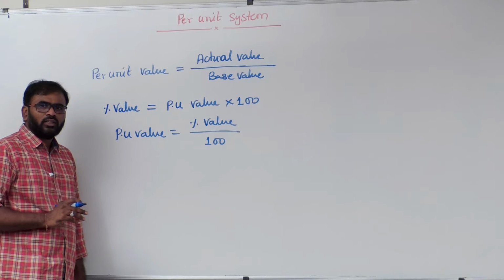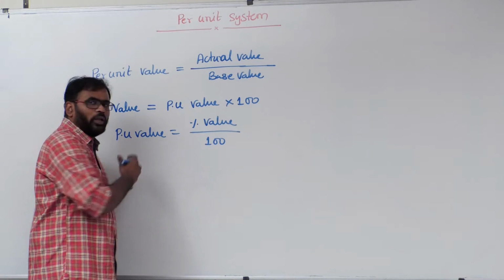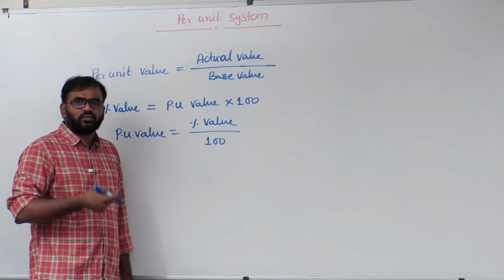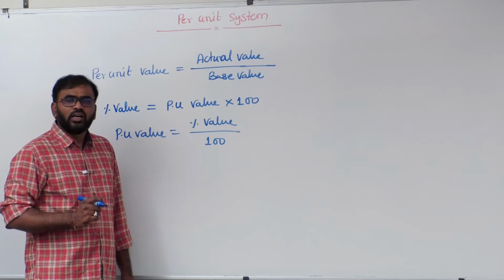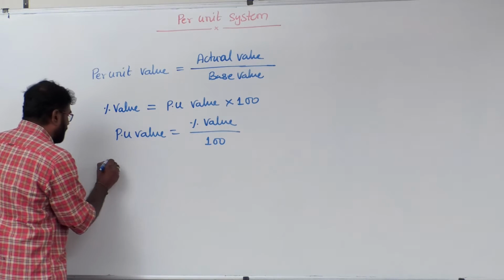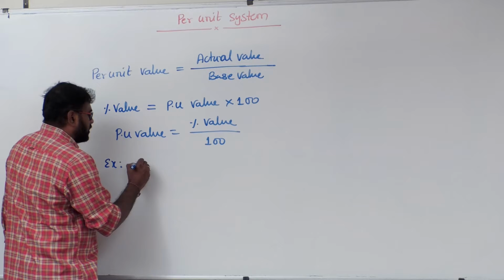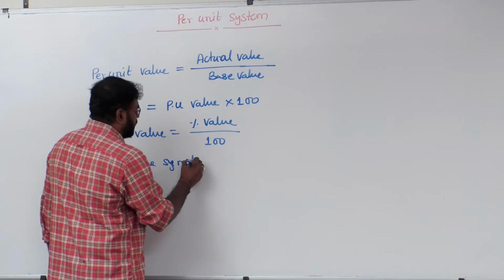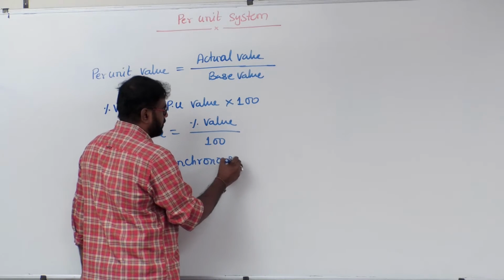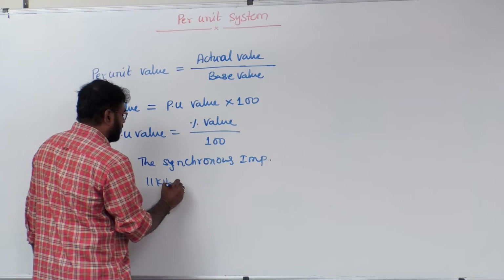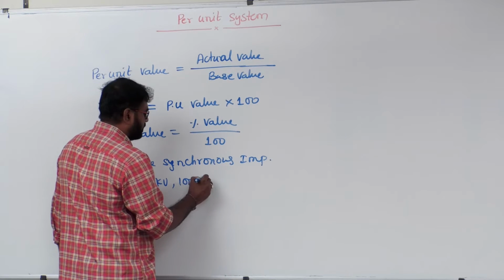The reason is, when we are dealing with problems on the per unit system, sometimes the impedances of the generators, transformers and transmission lines are given in percentage form. For example, let's say the synchronous impedance of an 11 kV 100 MVA generator is 10%.